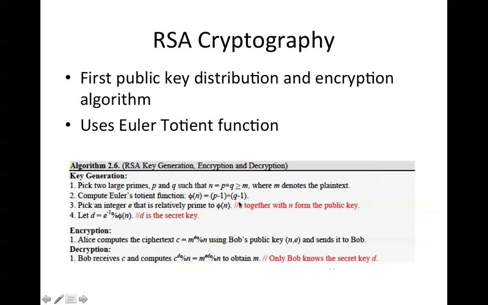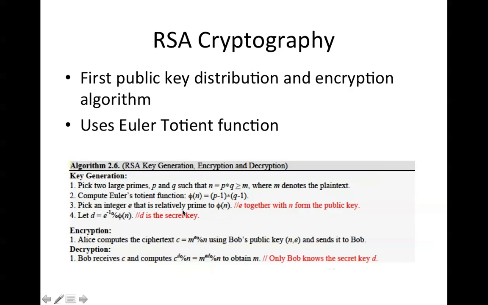Now, once you know what your totient function is, you want to pick a number. That is, again, what the person who wants to receive messages from anyone in public picks. So let's say it's you who wants to receive messages.